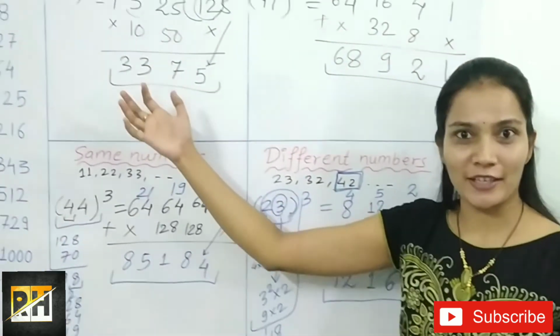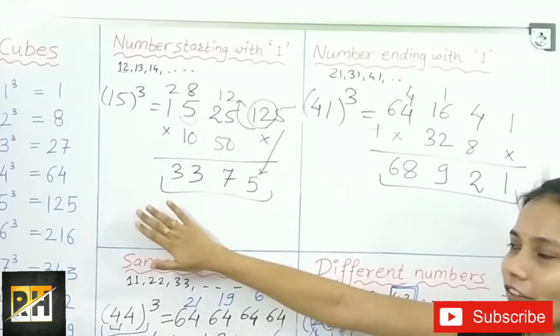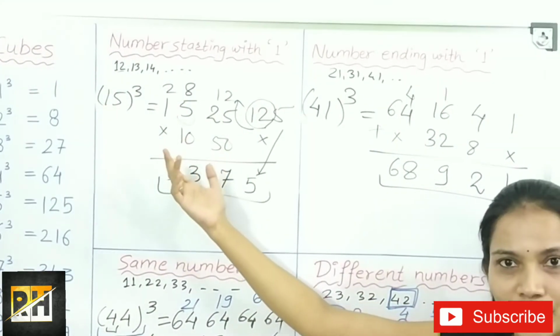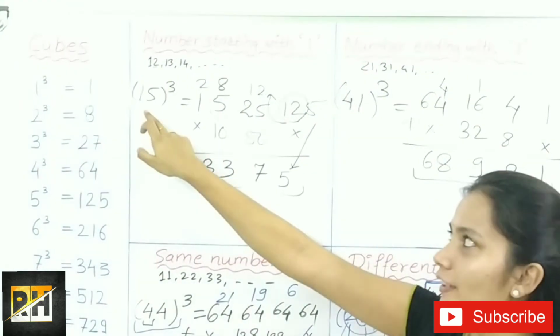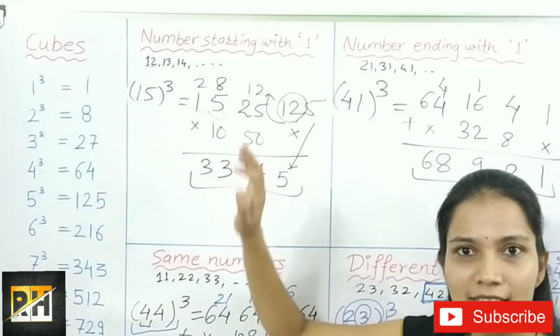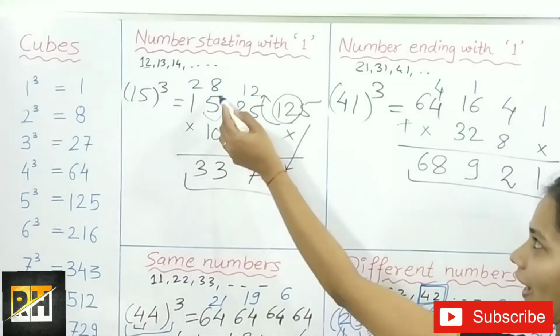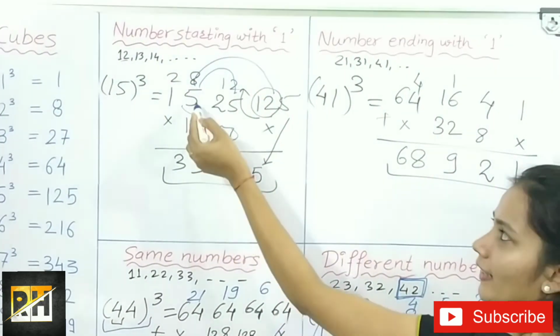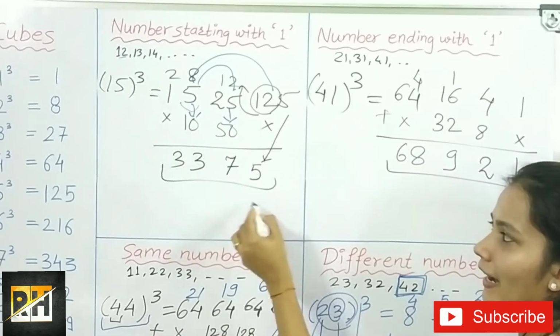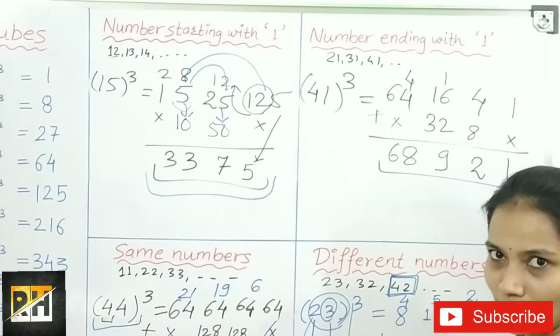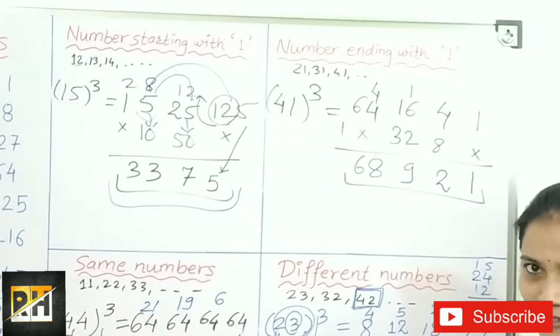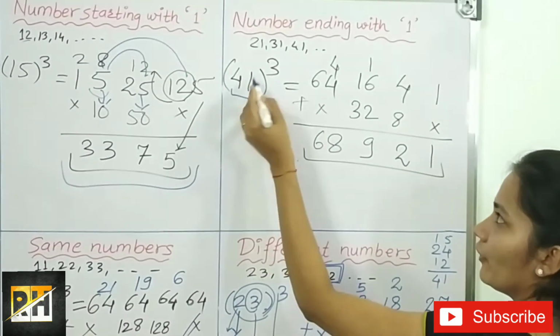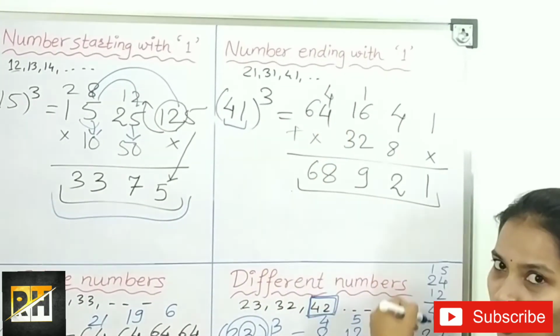So let us revise from the first. What we have done for starting with 1, we have written the first two digits as it is. Then we have done the square and then cube. Then double of these two terms and you get the answer. In the next method, what we have done? We have written in opposite order.